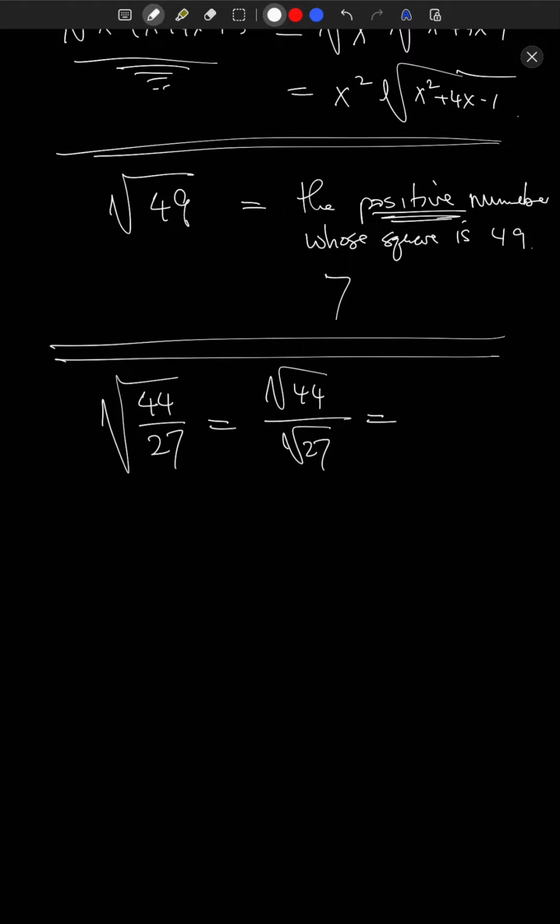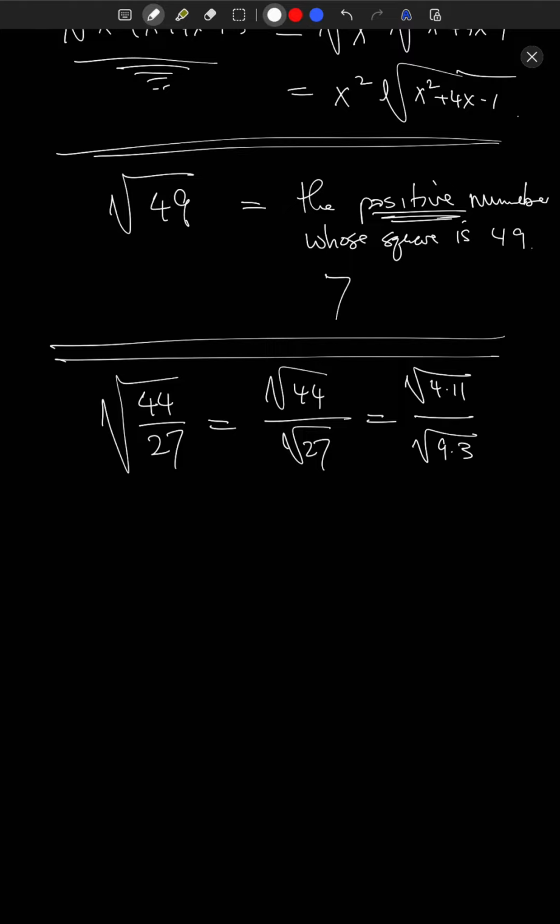Square root 44 and square root 27 individually are easier to work with than square root of the whole thing, 44 over 27. All right, and in fact, you can see this, right? 44, I can easily see, is 4 times 11. 27 is 9 times 3, right?